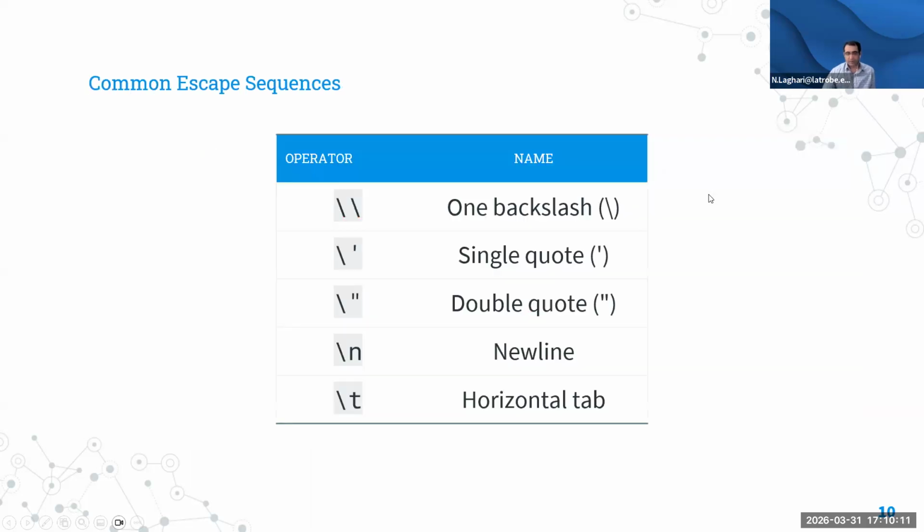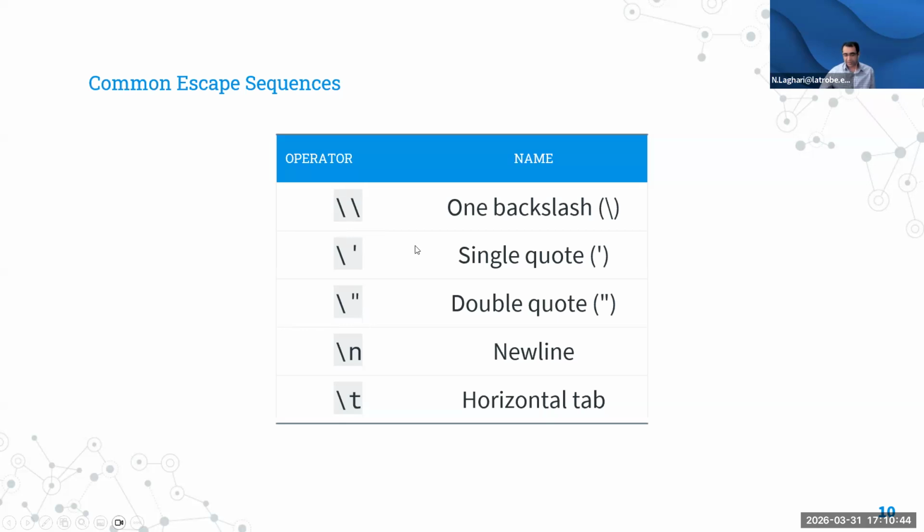So if we want to print a backslash within the string, we need to provide two backslashes, and it will just print one backslash. If we want to print a single quote, we need to write backslash single quote, or apostrophe, and that is when the string itself is in single quotes.